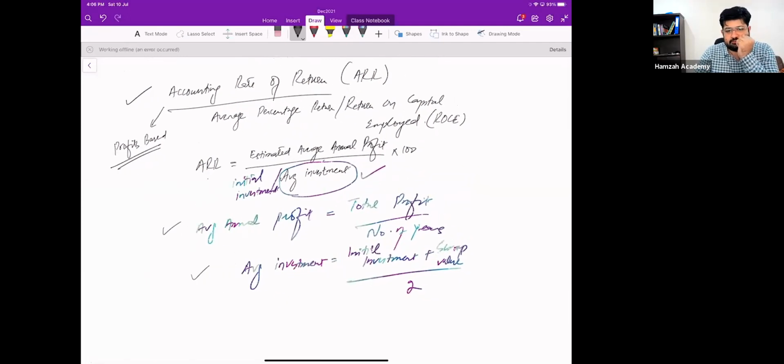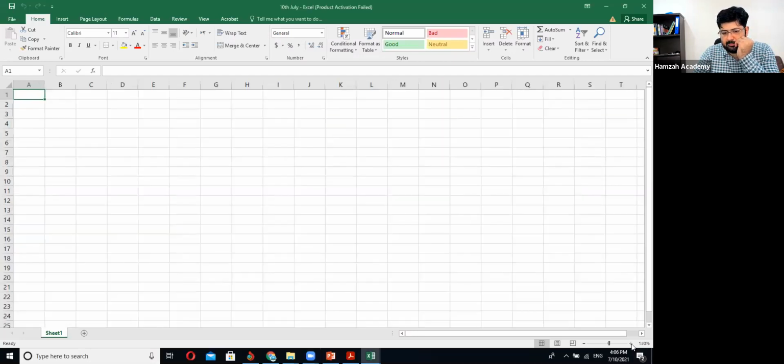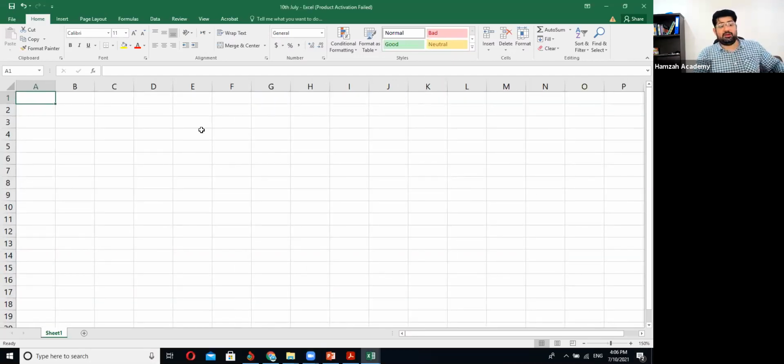Now, from the first day, we'll be using this sheet to avoid inconvenience in the exam. In the next class, I will take you to the example platform.